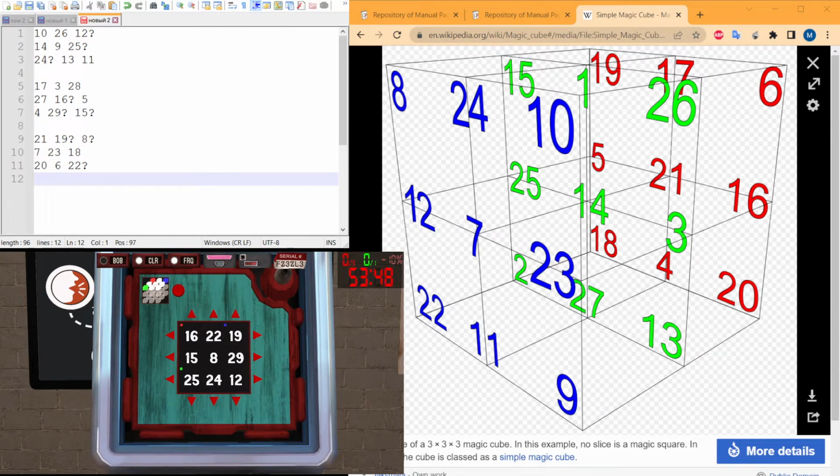So 25, 24 and 12 are going to be on the front square, which they actually already are there. So 25, 24. Next are going to be 15, 16, 29 on the middle. So 16 needs to go here. Let's do this. So 15, 16, 29, and on the back square 19, 22, 8.